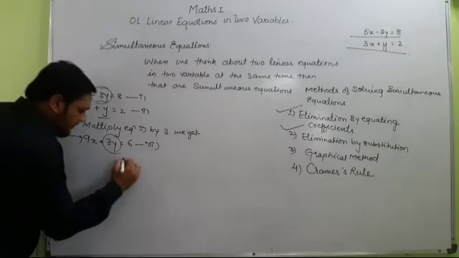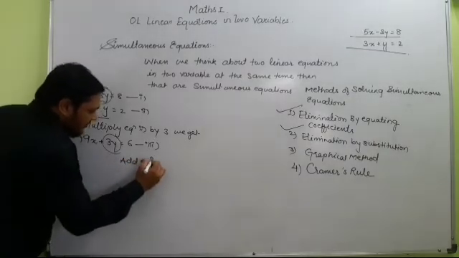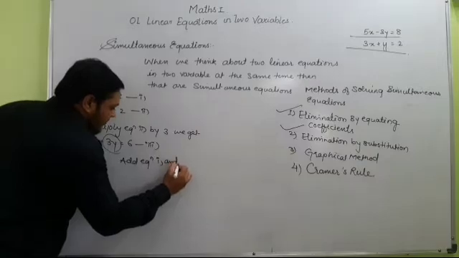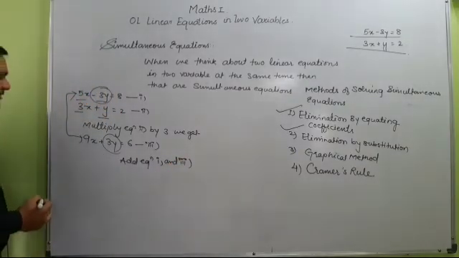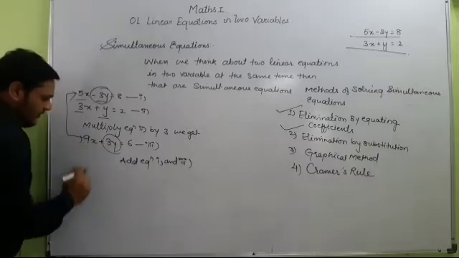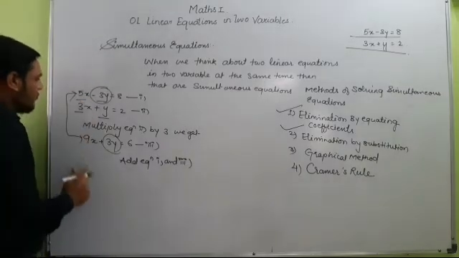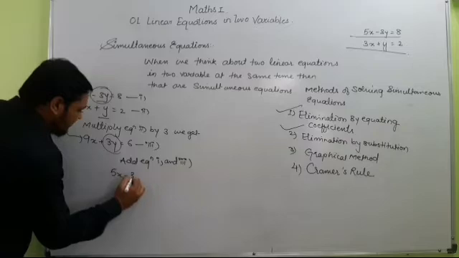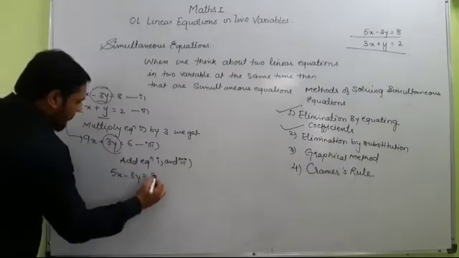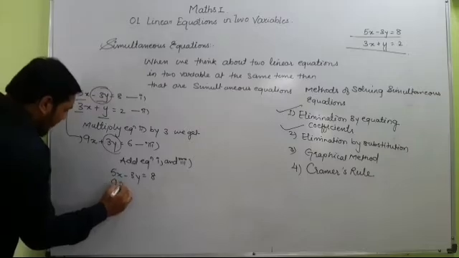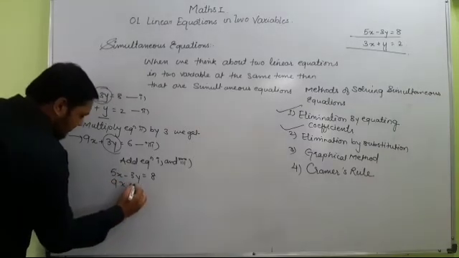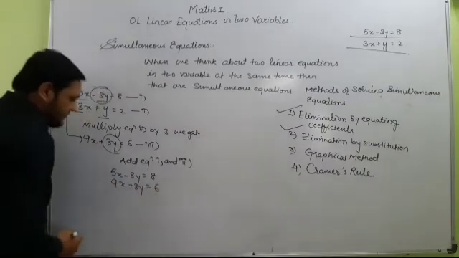So we will add equation 1 and 3. We take 5x minus 3y equal to 8, and the other equation is 9x plus 3y equal to 6.